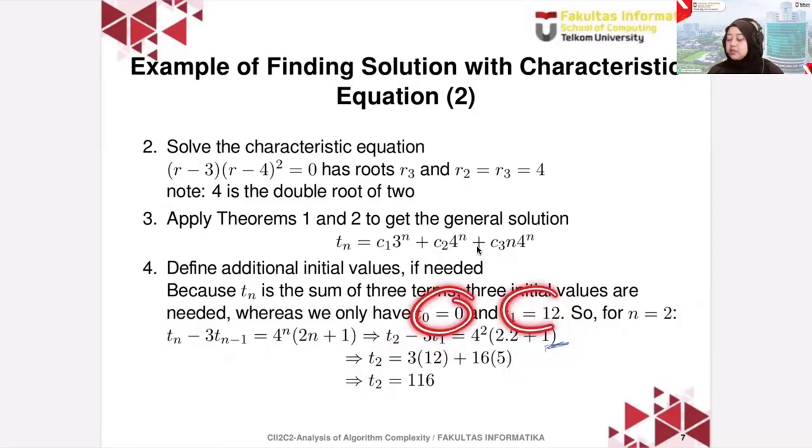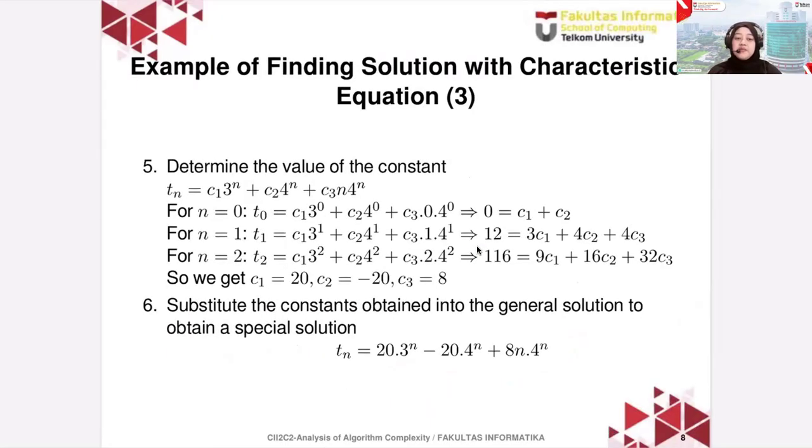Now we already have three base cases, so we can use those three base cases to find C1, C2, and C3 by using substitution and elimination or whatever method you feel comfortable with. From n equals 0, n equals 1, n equals 2, we already get the base cases.